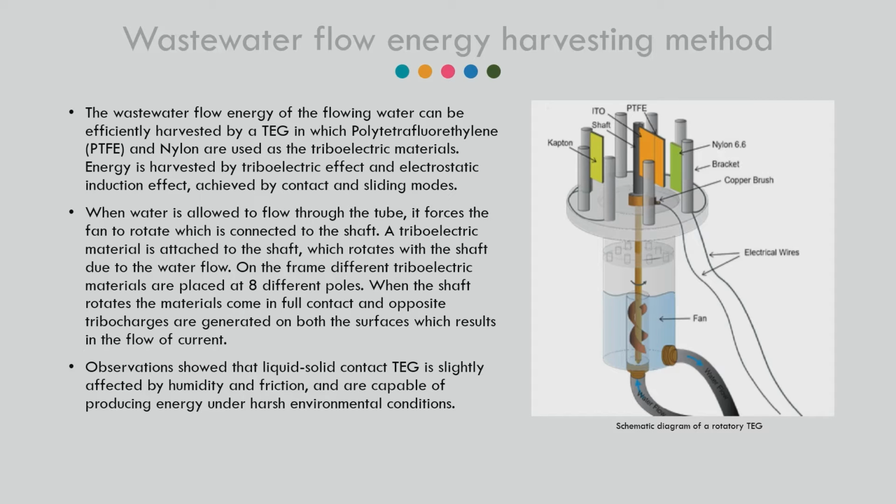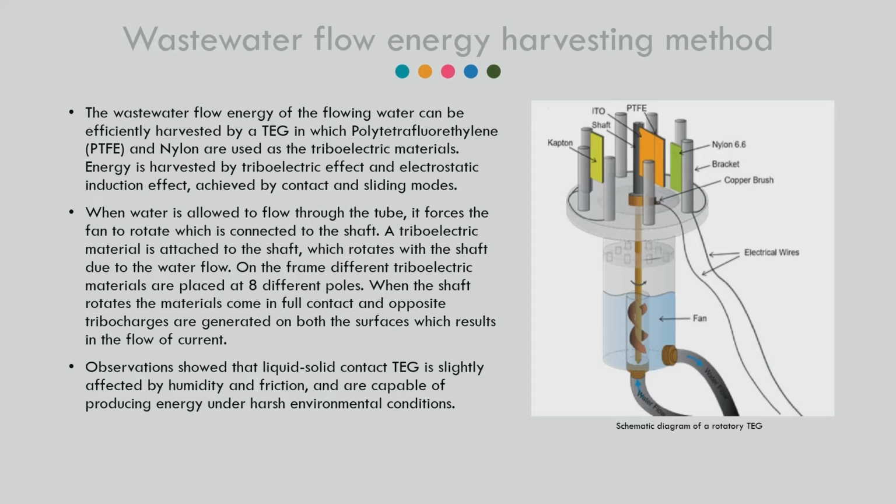When water flows through the tube, it forces the fan to rotate, which is connected to the shaft. A triboelectric material is attached onto the shaft, which rotates with the shaft due to the water flow. On the frame, different triboelectric materials are placed at 8 different poles.